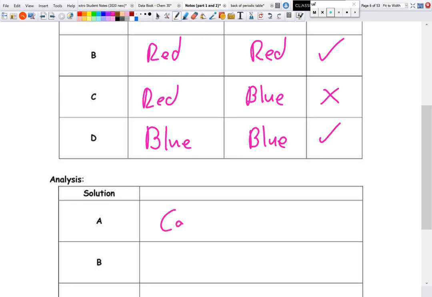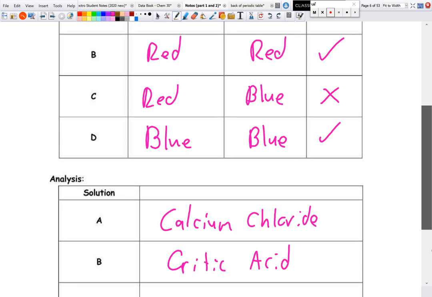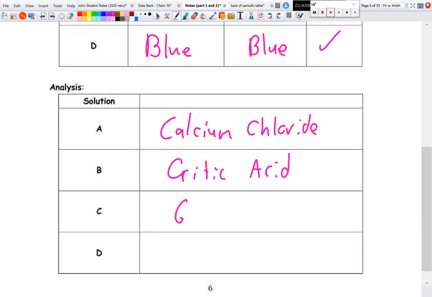Sorry, this one should have been calcium chloride. We should have got citric acid. For C, we should get glucose. And finally, the last one, we should get calcium hydroxide.